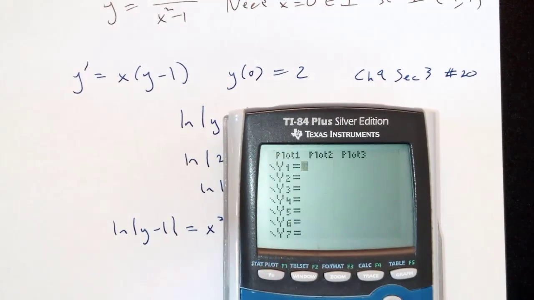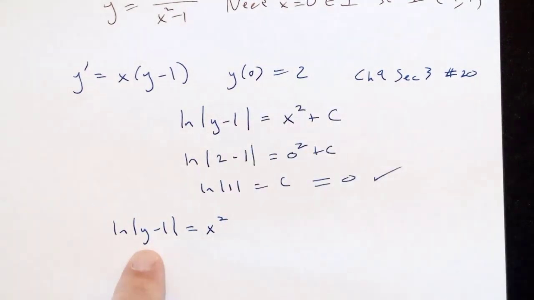How do I get the ln on that other side? I can't do that. The calculator won't let me graph this implicitly. That's the problem. This is an implicit equation. If I want to graph this, I need to write it y equals, which means I've got to get rid of the ln's. What do I do?